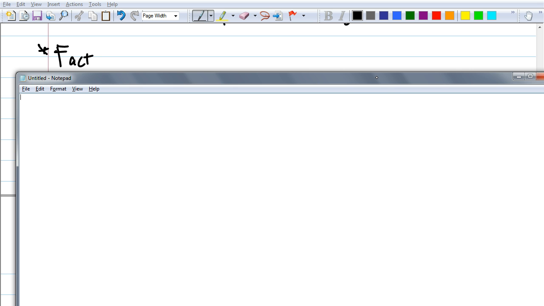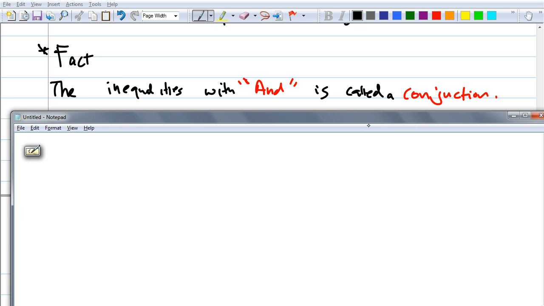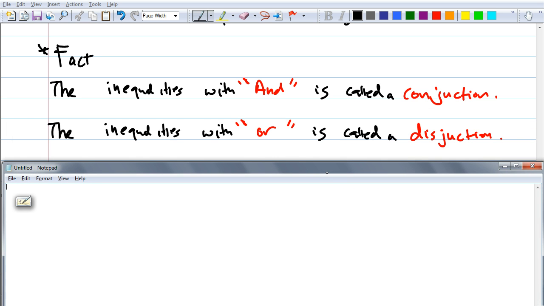That's okay, I'll tell you. It's called a conjunction. So the inequalities with "and" is called a conjunction. And the inequalities with "or" is called a disjunction. So on your homework tonight, it's going to refer to these inequalities as either conjunction or disjunction.